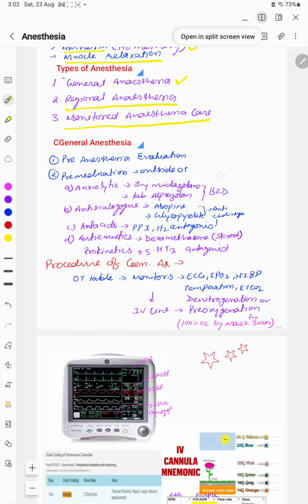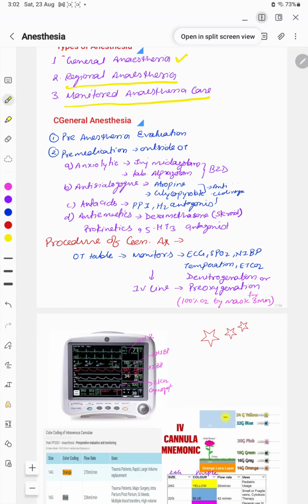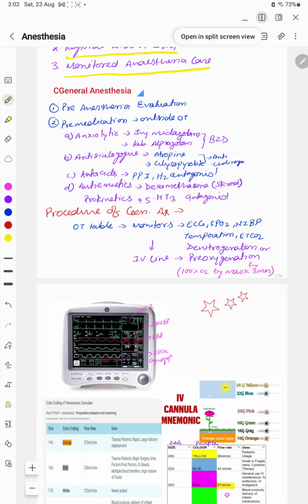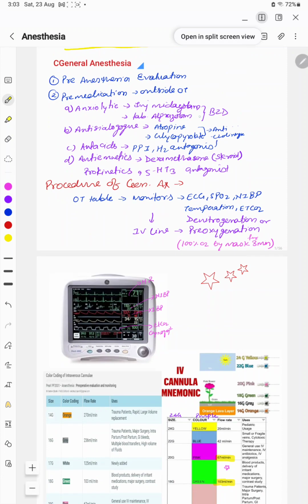Now what is general anesthesia? I already explained what general anesthesia is. In this we include pre-anesthesia evaluation and pre-medication. First we will evaluate the patient before anesthesia. After that we give medication before going into the OT, like anxiolytics, midazolam and tablet alprazolam. They are benzodiazepines. Then anti-sialogogue agents like atropine and glycopyrrolate, which are anticholinergics.